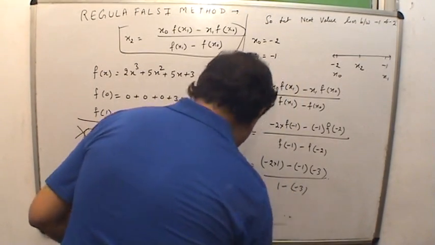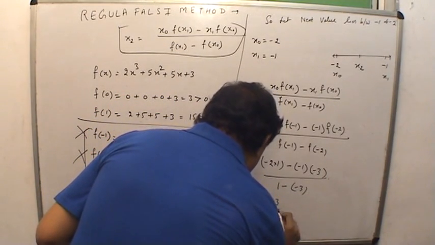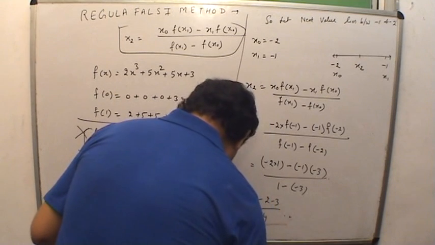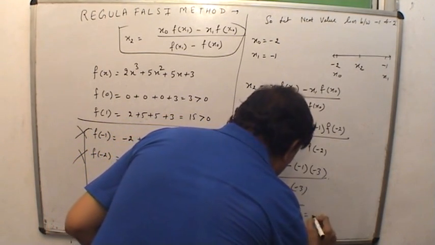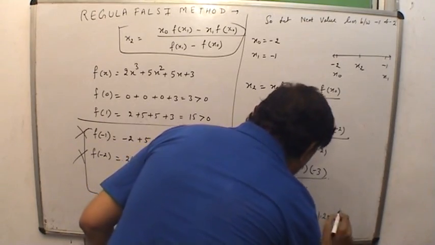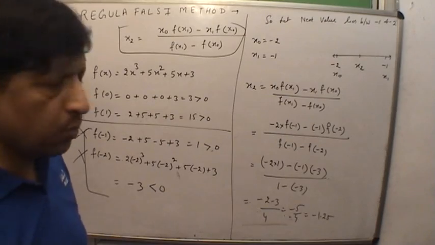That comes to be equal to -2 -3 divided by 4, that is equal to -5 by 4, that is equal to -1.25. Here we get the result up to decimal 2 places.